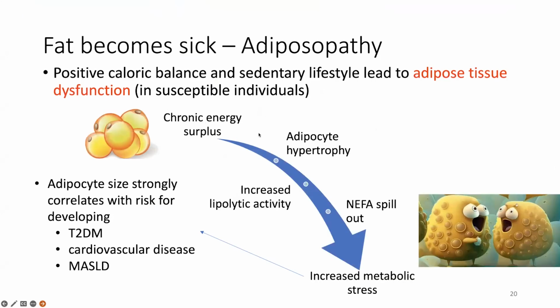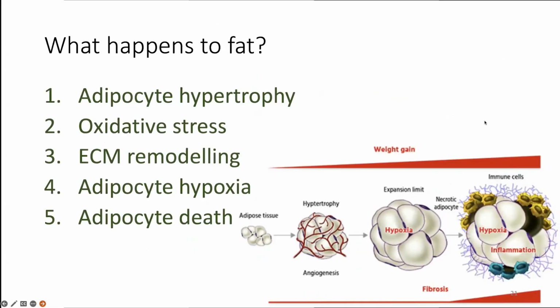With energy surplus, gradually and slowly, this fat tends to get hypertrophied, and hypertrophied fat, because it becomes sick, tries to spill a lot of non-esterified fatty acids into the blood, leading to metabolic syndrome. And that is the reason once you have insulin resistance, which is related to diabetes, obesity, it also has association with other metabolic disorders, including cardiovascular disease.